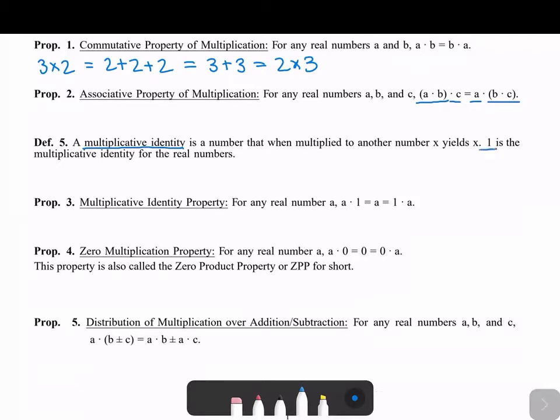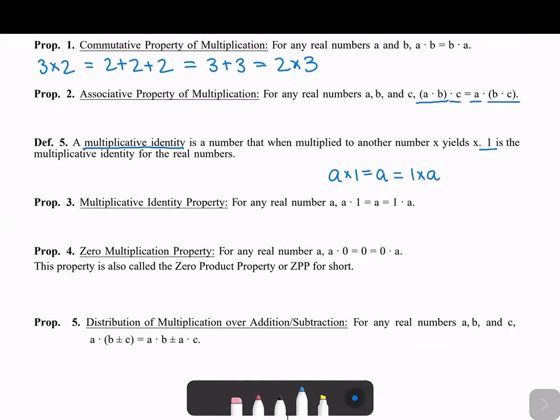So in this case, 1 is our identity, right? Anything times 1, a times 1 equals a for every number. It's the same whether it's on the right or the left. So that's called the multiplicative identity property: whenever you multiply this identity onto any number from the right or the left, it doesn't change the value.